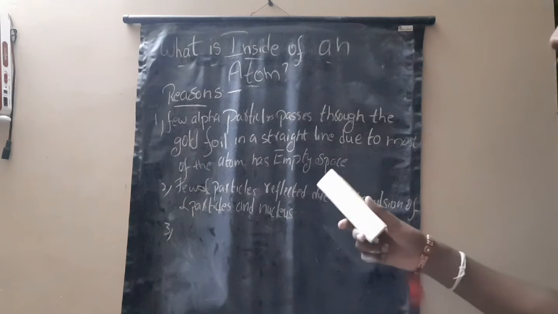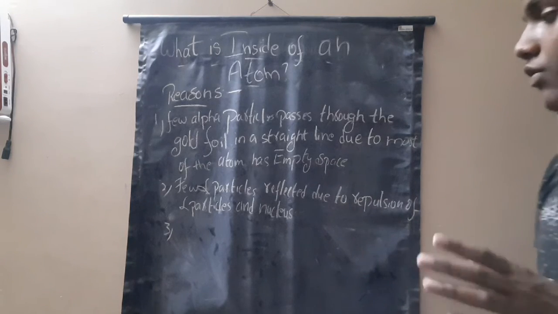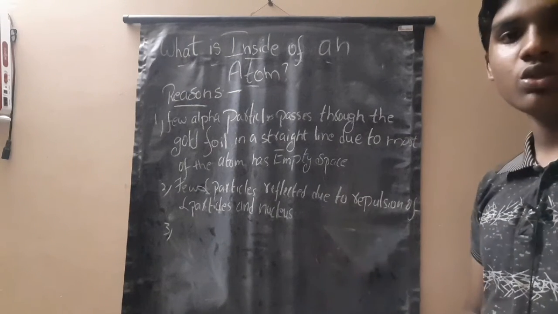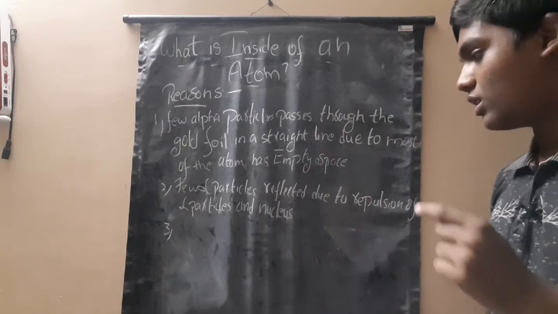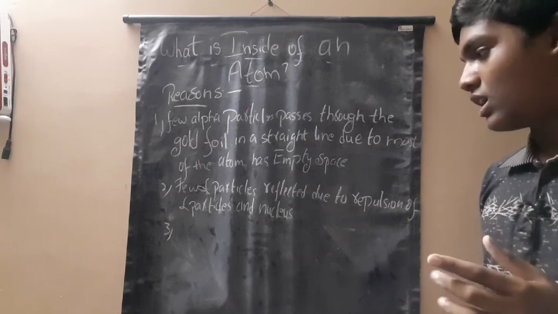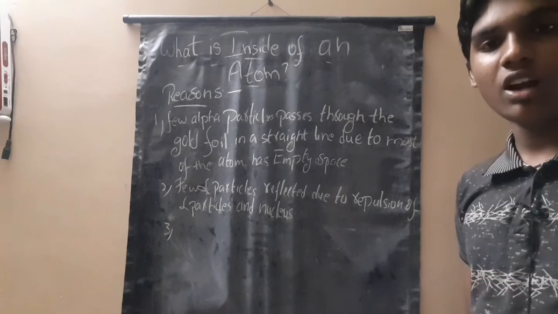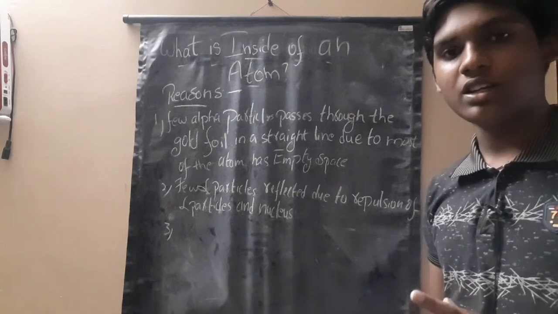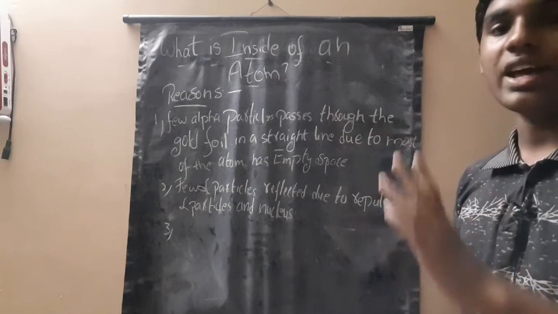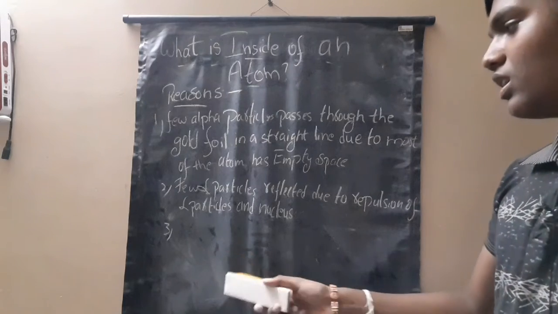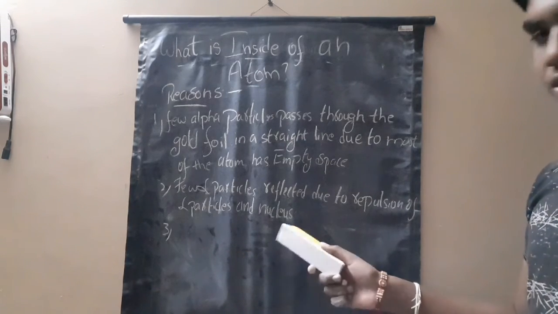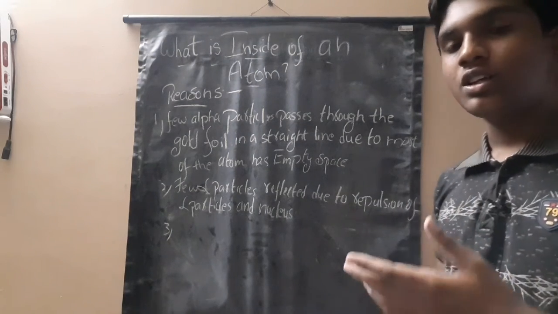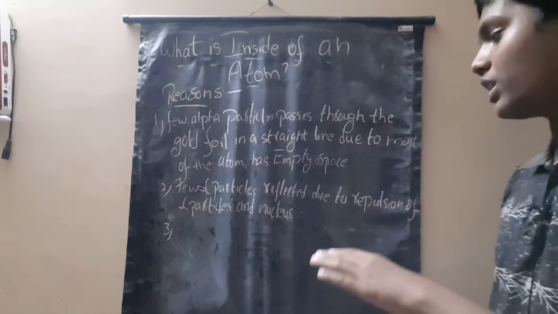Some alpha particles may be reflected. What is the reason? A few alpha particles are reflected due to the repulsion between alpha particles and the nucleus. Few alpha particles move to the gold foil and are reflected because the atom has a nucleus, and there is repulsion between the alpha particle and the nucleus, so by the repulsion it is reflected in another direction. The third reason is similar to the second: a few alpha particles are reflected back to the original path due to more repulsion between the alpha particles and the nucleus.